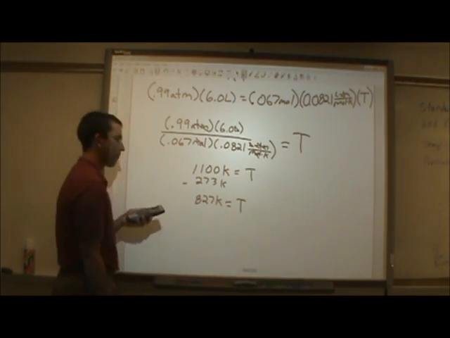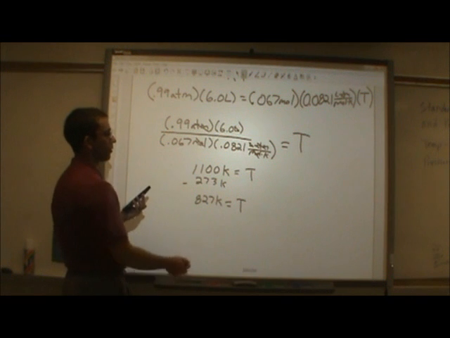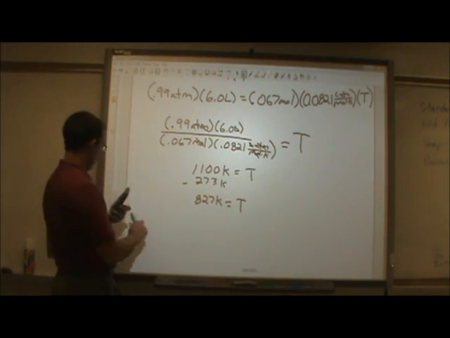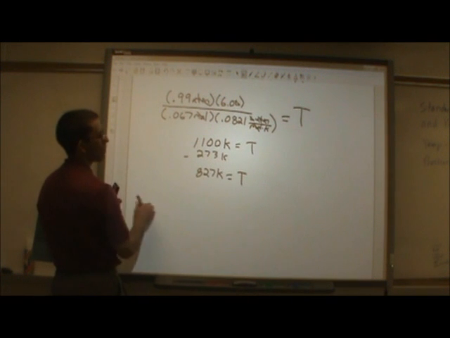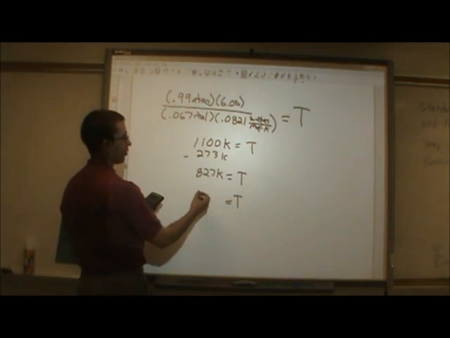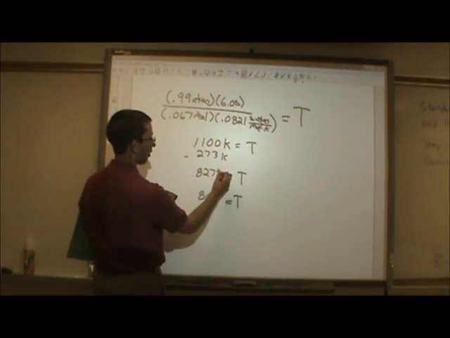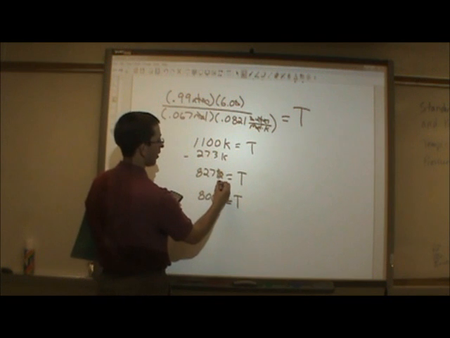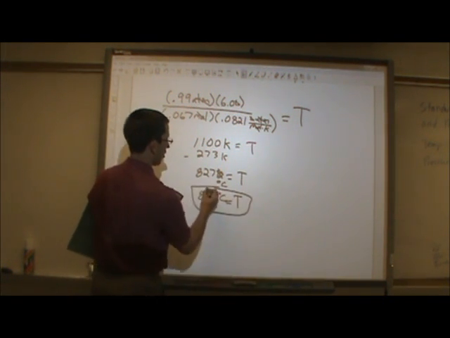For purposes of right now, that's fine. However, when subtracting, you look at places. So the real correct answer in sig figs is temperature equal to 800. Oops, I put Kelvin there. That is incorrect, I apologize. That should say degrees Celsius. This is 800 degrees Celsius.